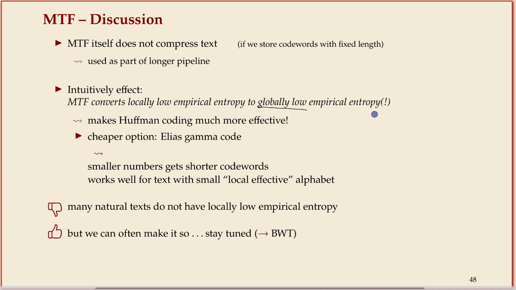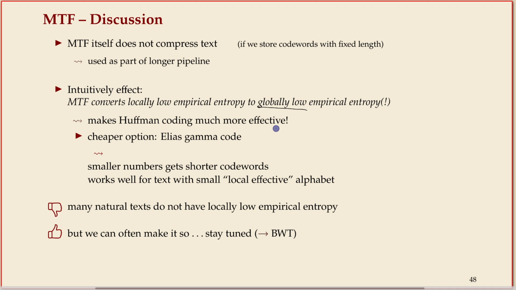Remember, empirical entropy was this: we take the frequencies of letters and take the entropy of that. We covered that yesterday a bit. And that means low entropy means Huffman works well. And so move to front is somehow able to take changing but low entropy parts in the text and transform them into globally low entropy on those numbers. And so via that vehicle, it makes Huffman more effective.